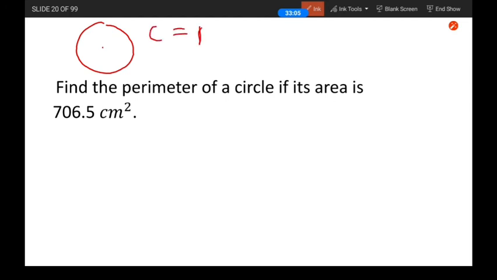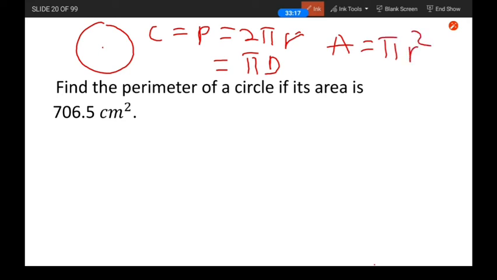So perimeter of a circle is 2 pi r, which can also be pi d. Is that okay? While the area of a circle is pi r squared. Is that okay?